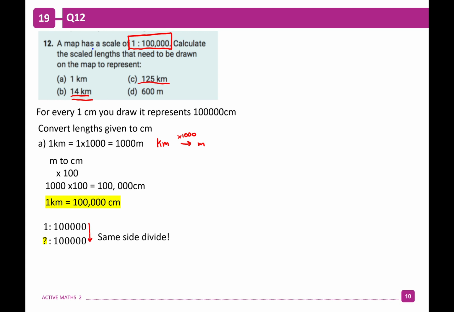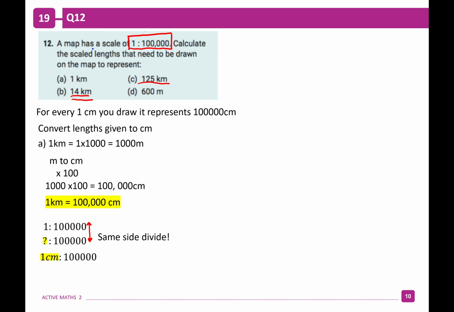When you have your values on the same side, i.e. the number that is larger than 1, when these are on the same side, to find the unknown, you divide. So 100,000 divided by 100,000 gives us 1 centimeter. That means we need to draw 1 centimeter to represent 1 kilometer.